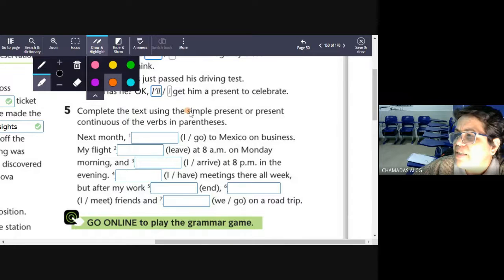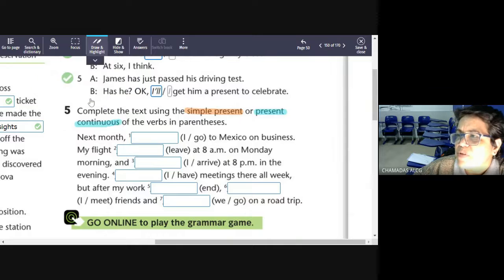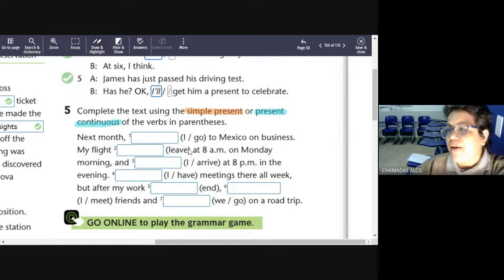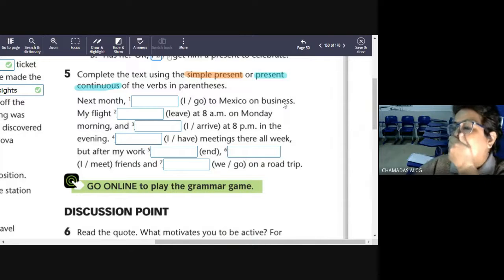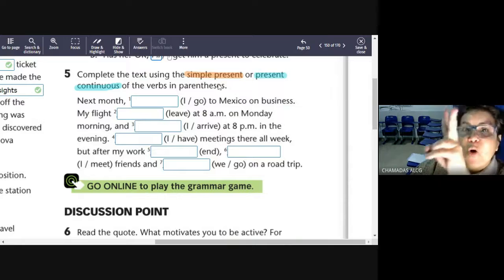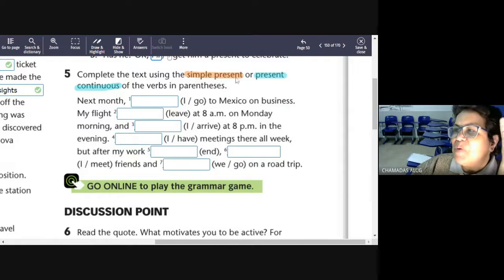One is the simple present, and the other one is the present continuous of the verbs in parentheses. So let's do this one just to finish. Look, next month to Mexico on business. You have two options, simple present or present continuous. Which one?